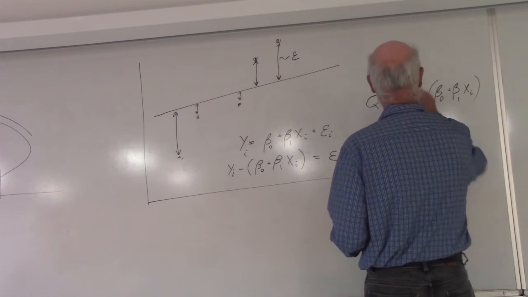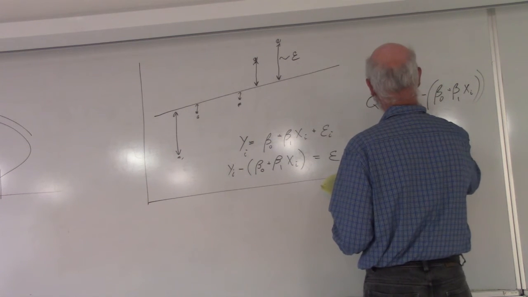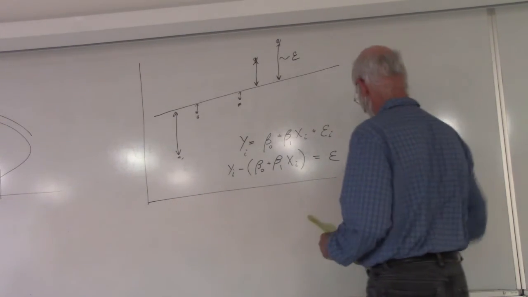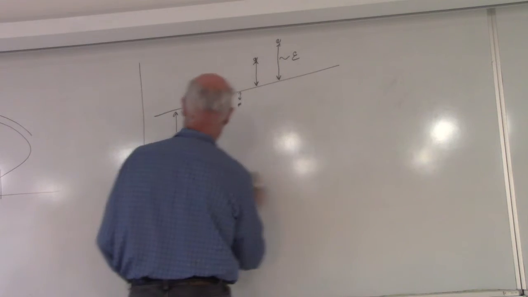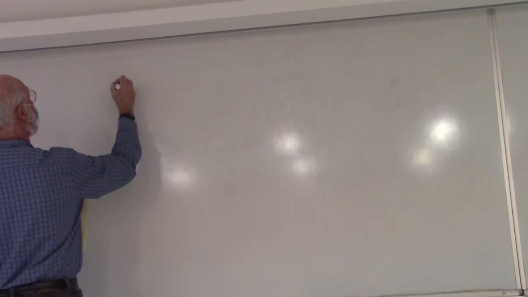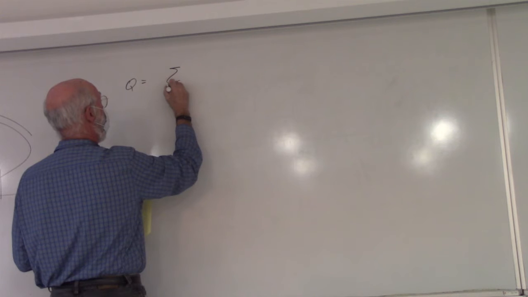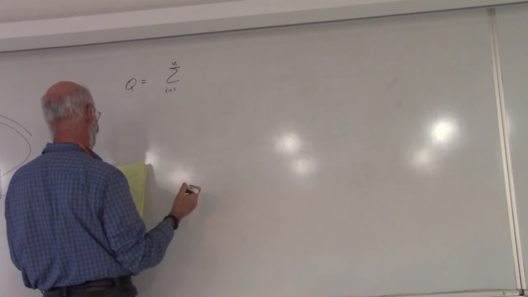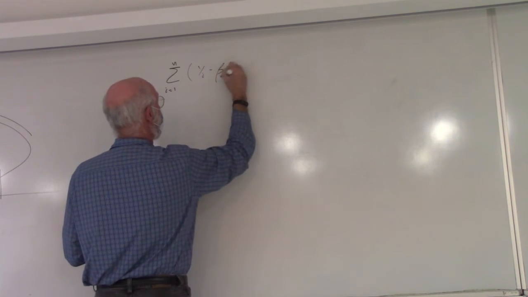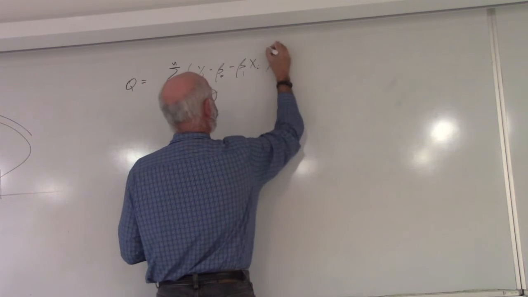So Q is equal to the sum from i equals 1 to n, where n is my number of observations, of (y_i minus beta 0 minus beta 1 x_i), and then I'm going to square it.